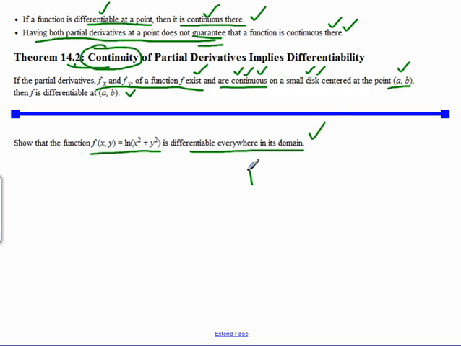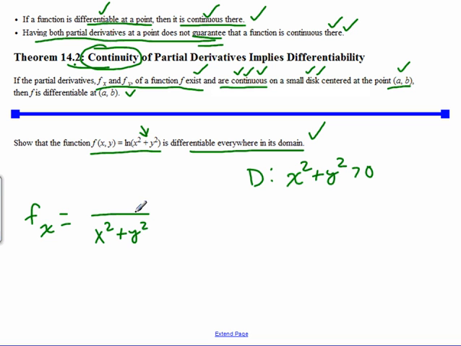So first of all, its domain is such that x squared plus y squared must be greater than 0. And we know that because ln of something, whatever's inside the ln must be greater than 0. So we have f partial x is going to equal, well, the derivative of ln, you put everything over the denominator, and then the derivative of the inside is 2x.